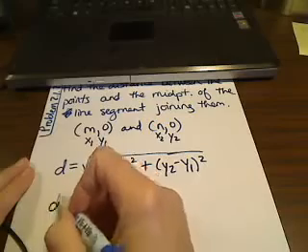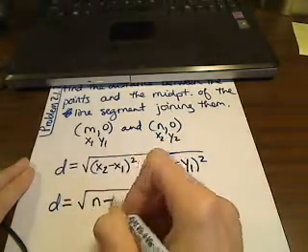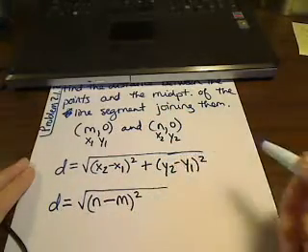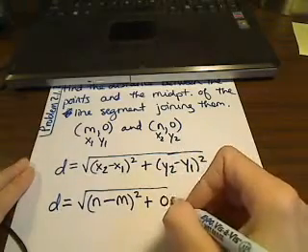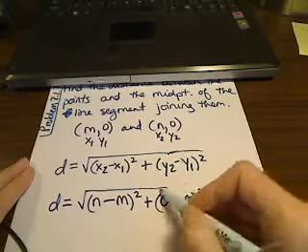So my distance becomes my x2, which is n, minus my x1, which is m, that quantity squared, plus my y2, which is 0, minus my y1, which is 0, quantity squared.